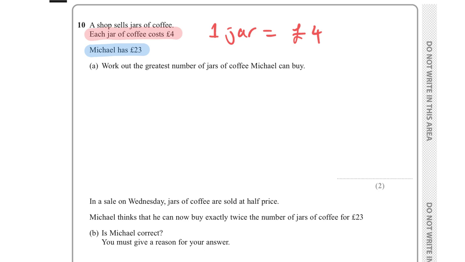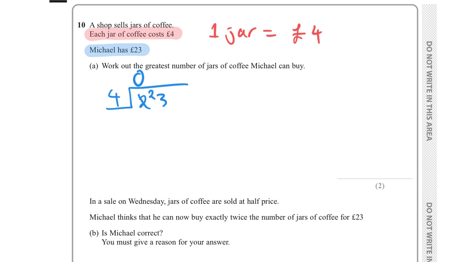So if we did a division, you can only do a whole number of jars, right? You could write the division out properly and start doing the bus stop. We only need to find out how many whole ones, so we can just leave it as a remainder. So how many 4s go into 2? Well, none. How many 4s go into 23?